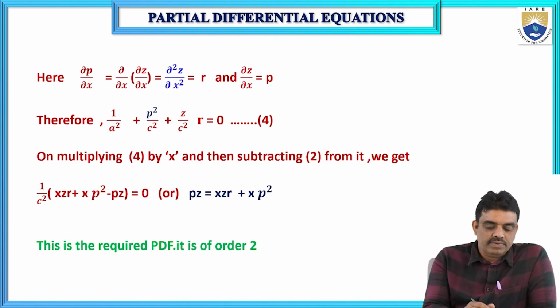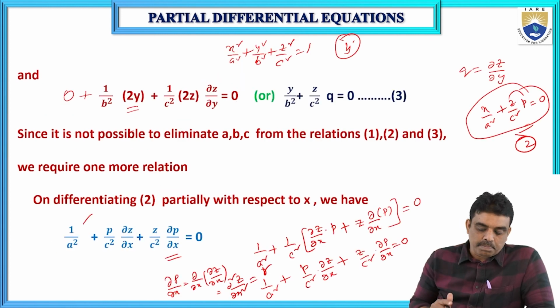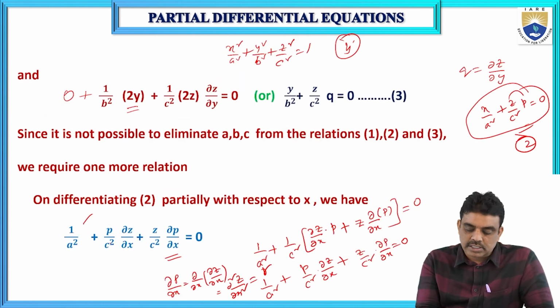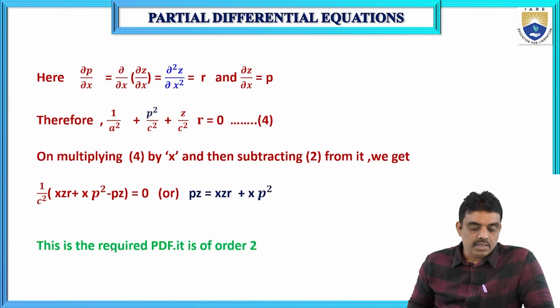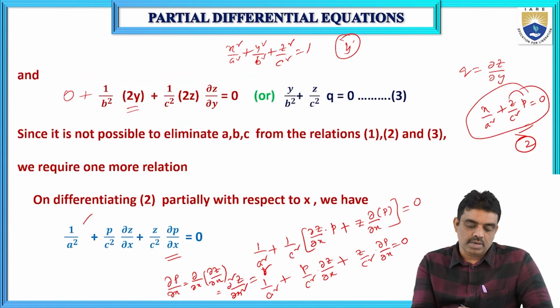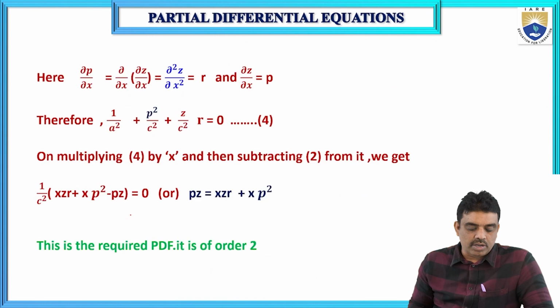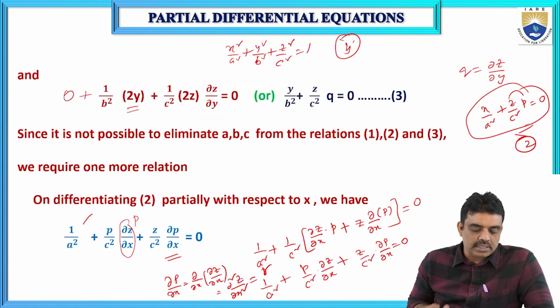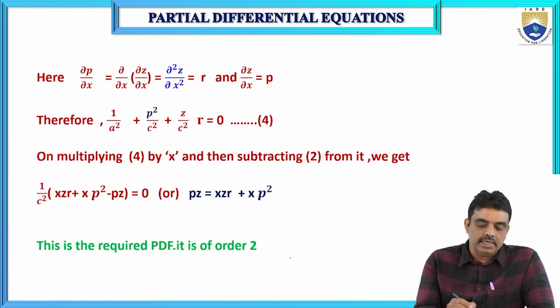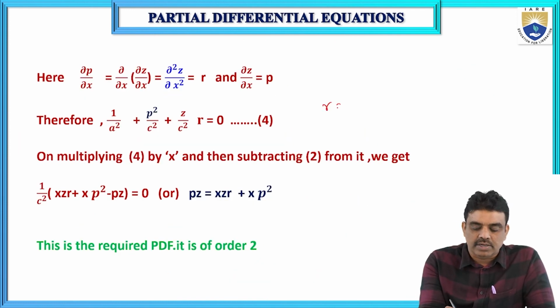So what I can write is 1 by a square plus p square by c square, because dou z by dou x also can be replaced by p. So what you have obtained is p square by c square as the second term. And the third term is z by c square as it is, dou p by dou x is r. So that will be z by c square into r is equal to 0, where r is equal to dou square z by dou x square.